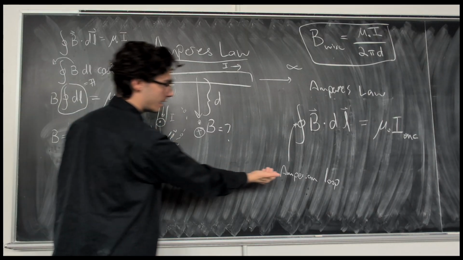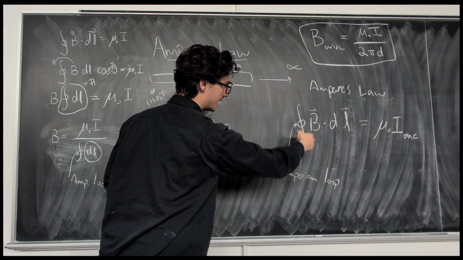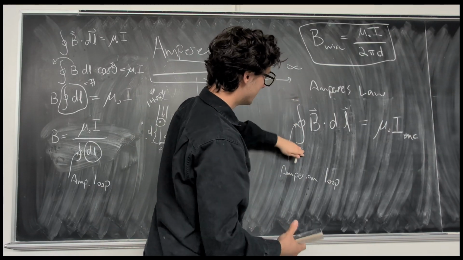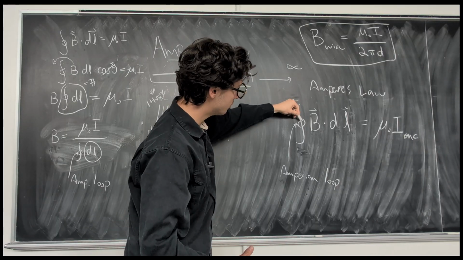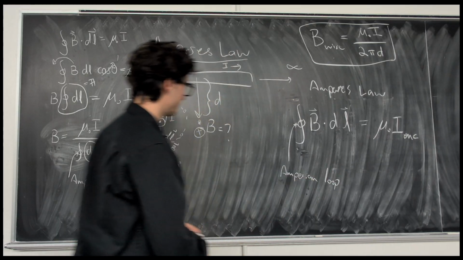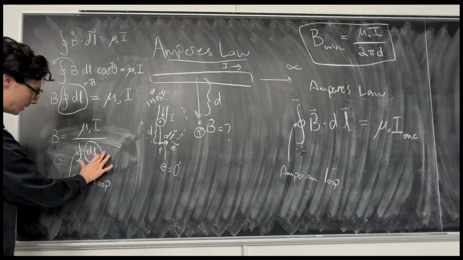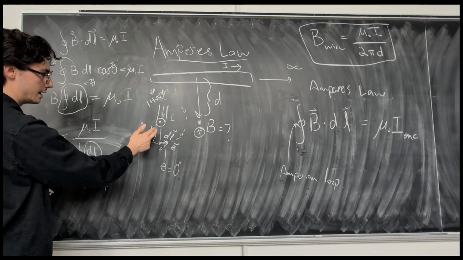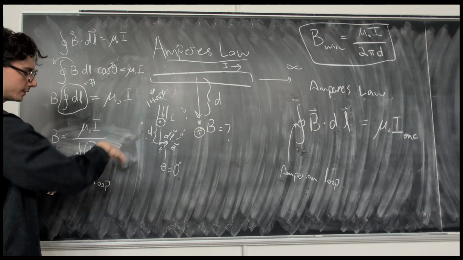This is why I started my entire explanation with this being the Amperian loop, because instead of having bounds like negative infinity to infinity, or 4 to 6, it is a closed loop integral around the Amperian loop. So this integral is saying add up all of the dl's around this entire thing and you will get the circumference of the circle.